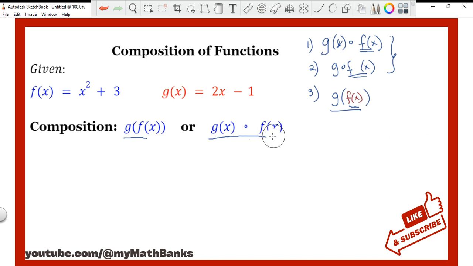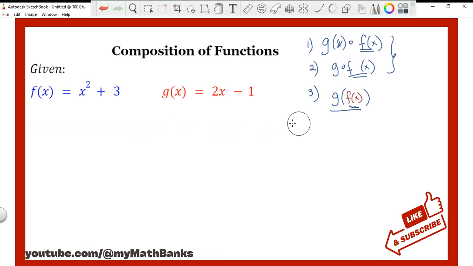Okay, so let's try an example. Again, composition of function. This is my first example. Let's say I ask, what is f of g of x? So in here, your inside function is g of x.